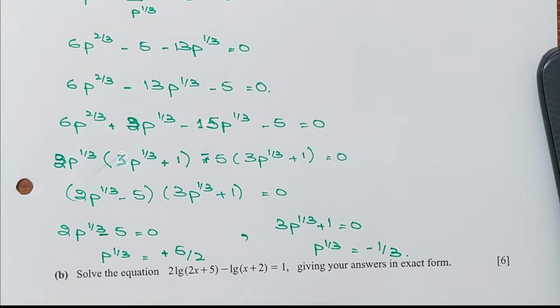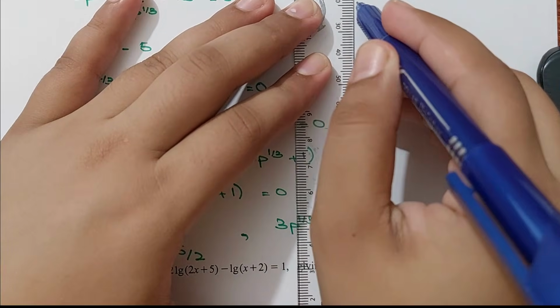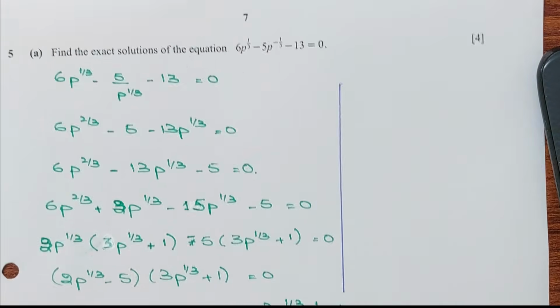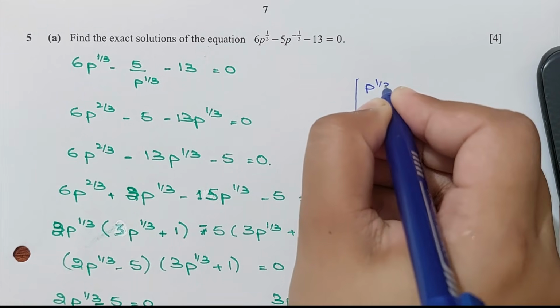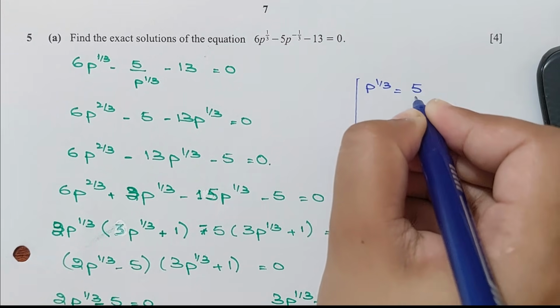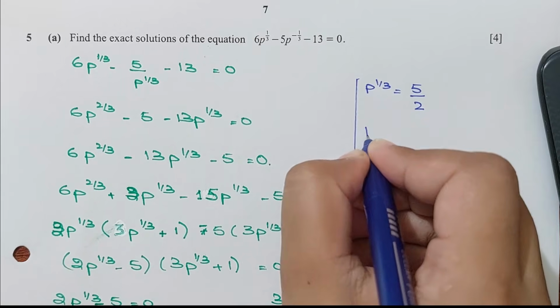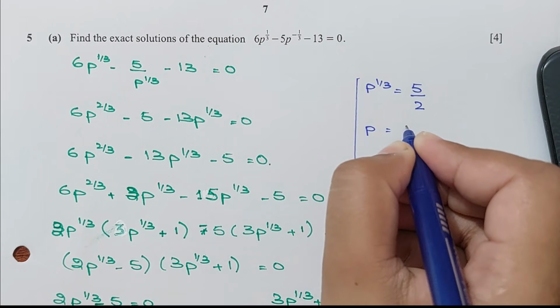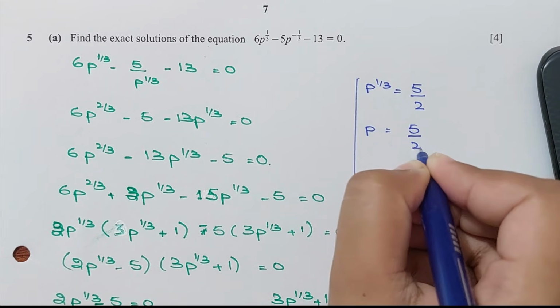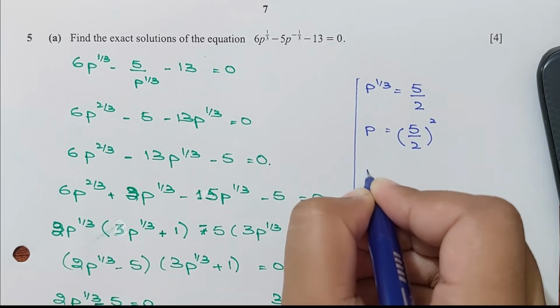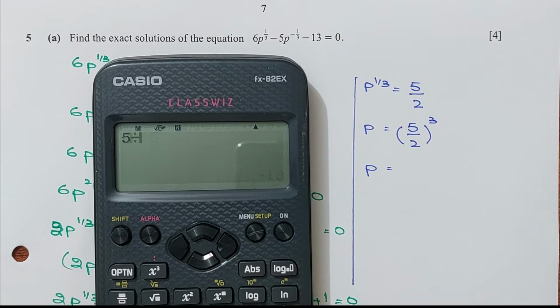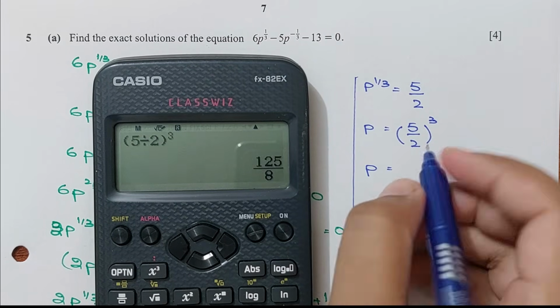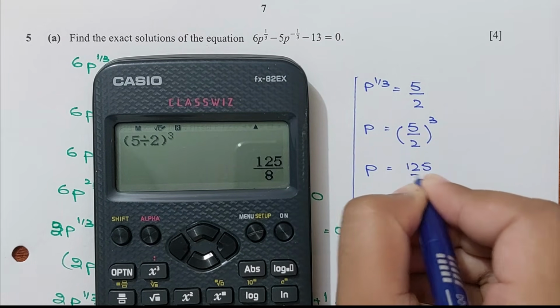Now let me solve for p, finding the exact solutions. Let me solve the first one. p^(1/3) equals 5/2. Taking cube on both sides, p is (5/2) cubed, which is 125 over 8.